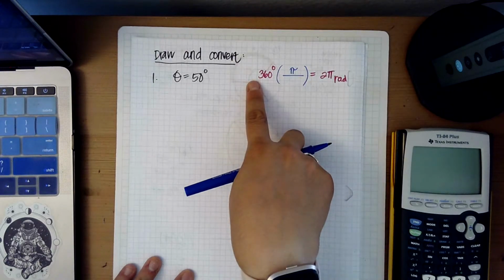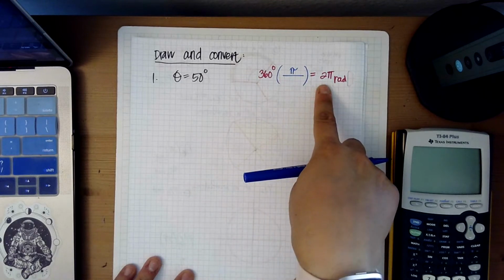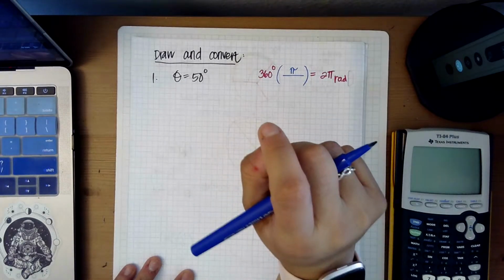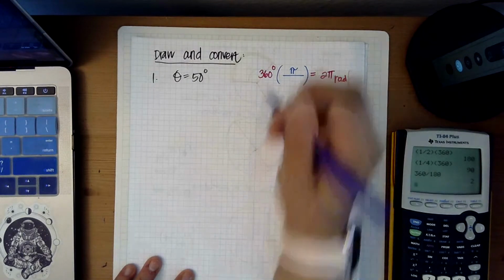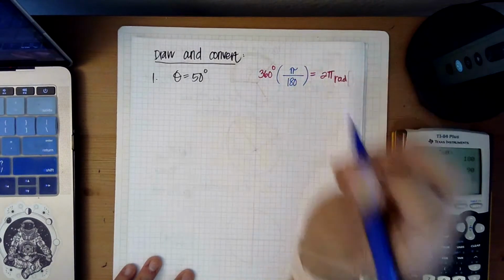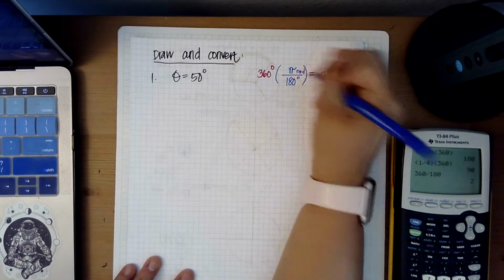So 360 divided by something has to give me 2. What's half of 360? That's 180. Let's see what 360 divided by 180 gives us. Remember, this has to be rad and this has to be degrees. Why?